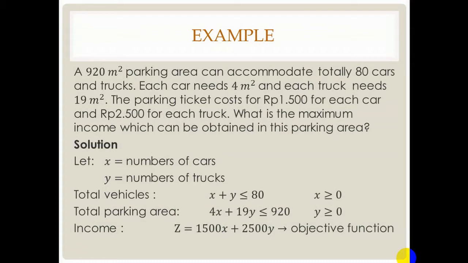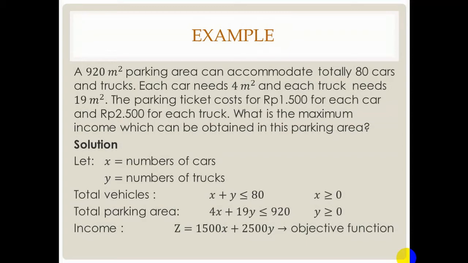Okay, so a car needs 4 square meters for parking and a truck needs 19 square meters for parking. Okay, the parking ticket costs 1,500 for each car and 2,500 for each truck. What is the maximum income that can be obtained in the parking area?